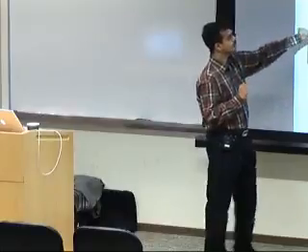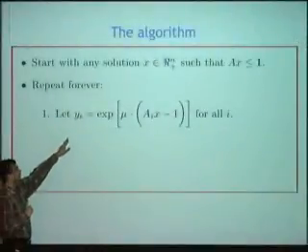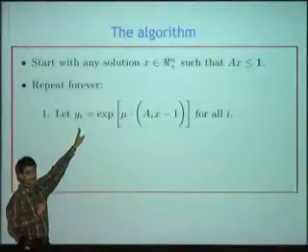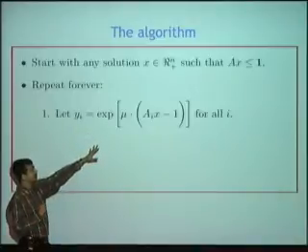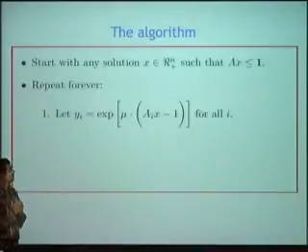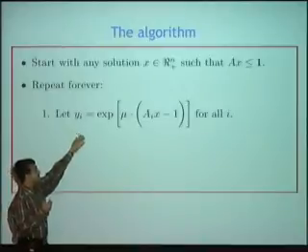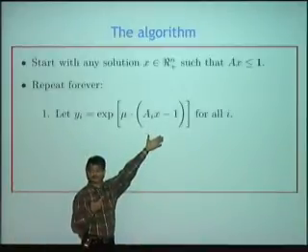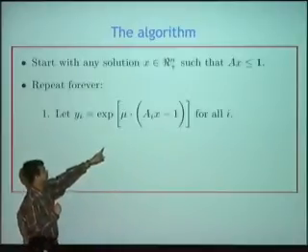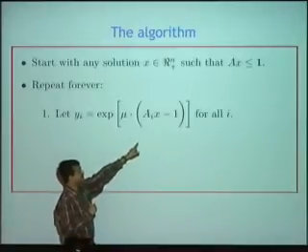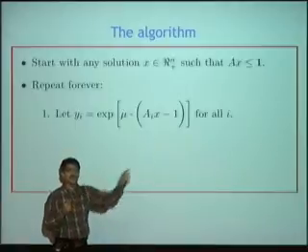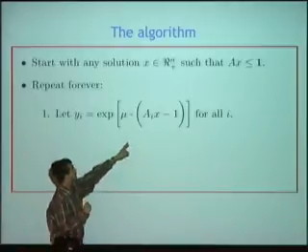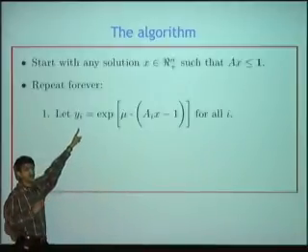So in every round we associate dual variables y_i corresponding to the primal constraints, and essentially y_i capture how tightly the corresponding primal constraints are satisfied. So if the ith constraint is very tightly satisfied, namely a_i x is very close to 1, then the value of y_i is going to be large.